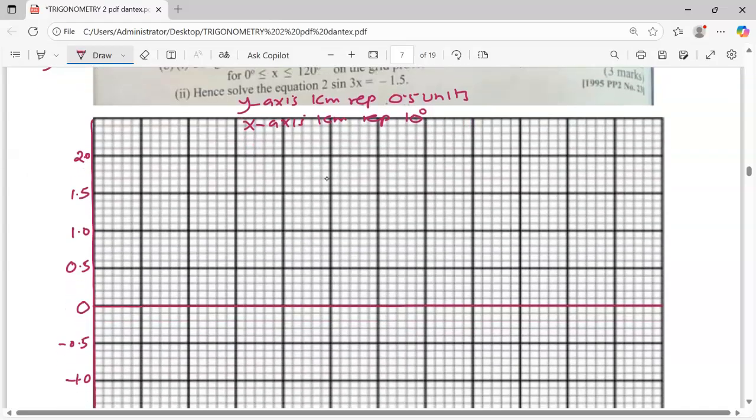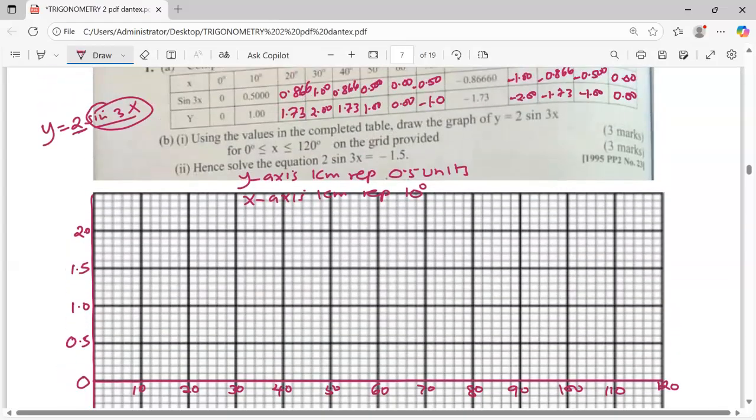So we are going to have 0, next is 10, 20, 30, we have 40, 50, we have 60, we have 70, we have 80, 90, 100, 110, and lastly 120 degrees. From there now we go and start plotting.